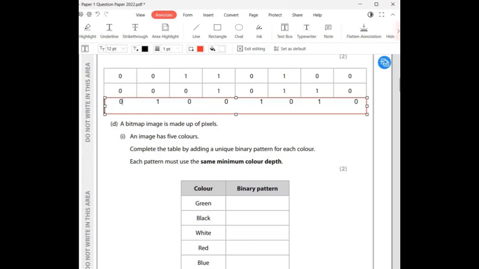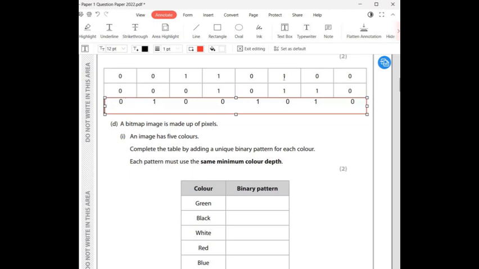So we can check it by converting each of those into denary. So we've got 32 and 16 is 48.